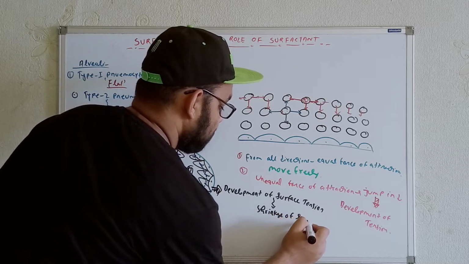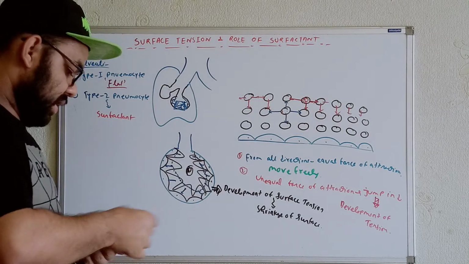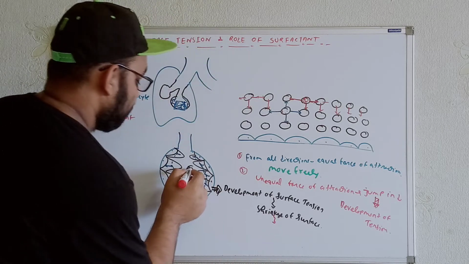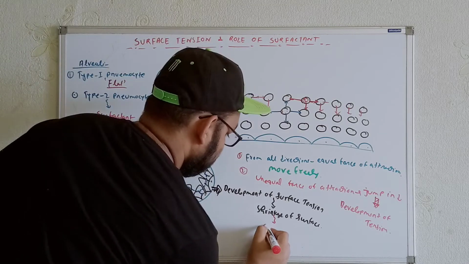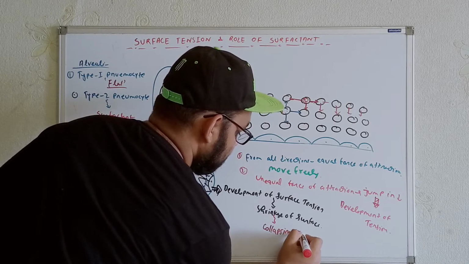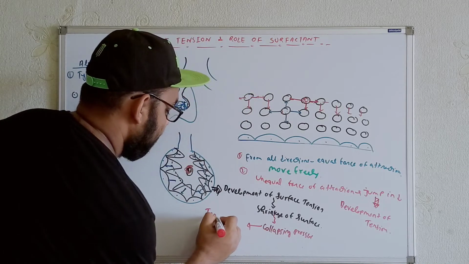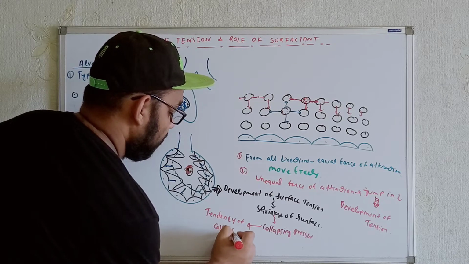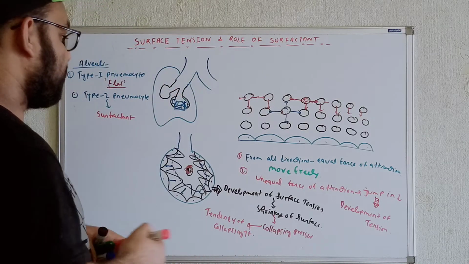Whenever we get the shrinkage of the surface, try to understand from this figure that one type of pressure will be developed for causing the collapsing, that is known as collapsing pressure. As a result, the tendency of the collapsing will be increased over here in these cases.